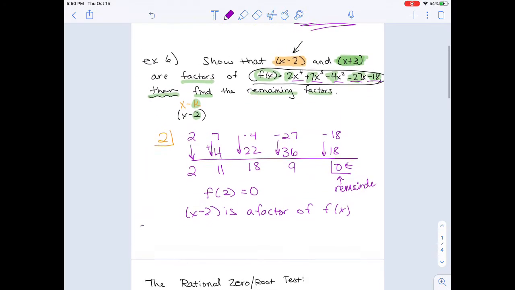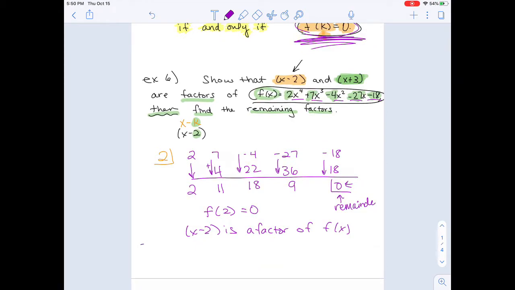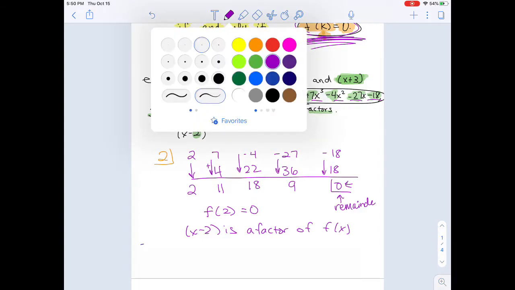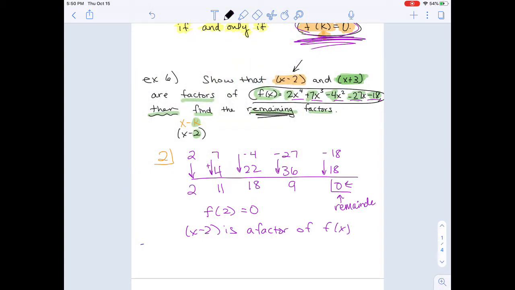Okay? Now, once we have that, we can find out if x plus 3 is a factor. You can divide x plus 3 into the original equation, or you can do something that's going to be easier for us to find the remaining factors, and we're going to use the remaining coefficients to divide to see if x plus 3 is a factor.